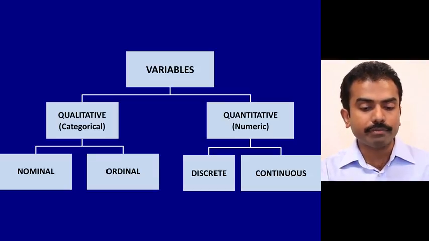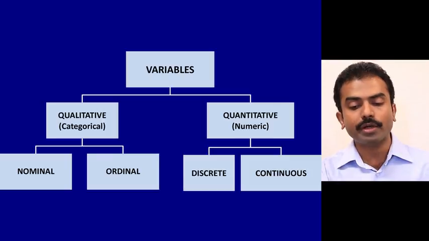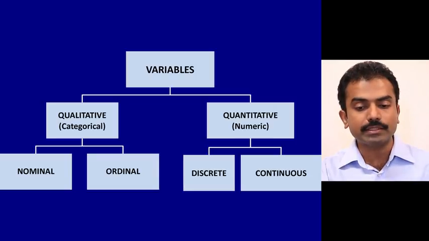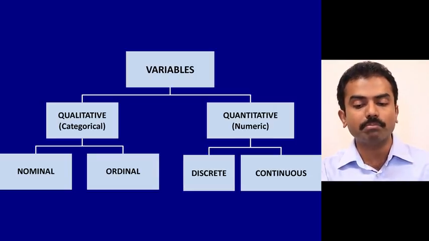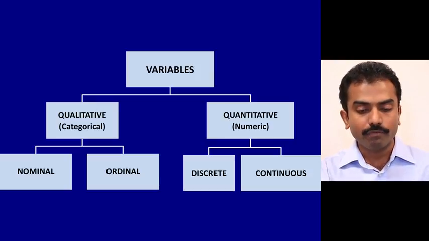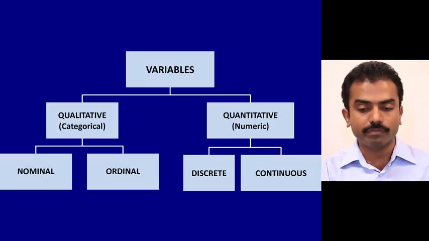Variables can be broadly divided into 2 major categories: qualitative, quantitative. Quantitative or numeric variables. Whenever a variable is expressed in terms of numbers, that is called as quantitative variables. Whereas when a variable is expressed in terms of a quality, then it is a qualitative variable or a categorical variable.